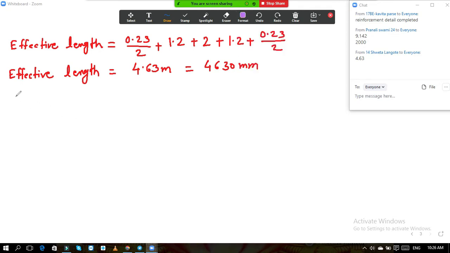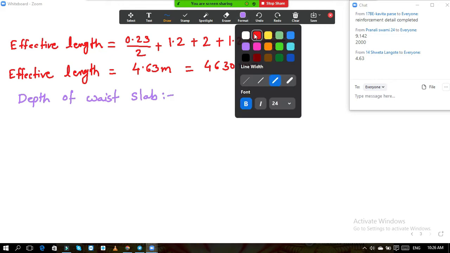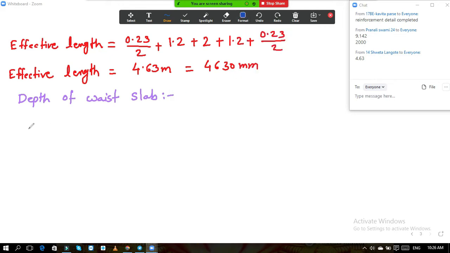Now next is the depth of waist slab. So we need to calculate the depth. How to calculate the depth now? Assume, what we always assume: assume overall depth is 40 mm per meter span.